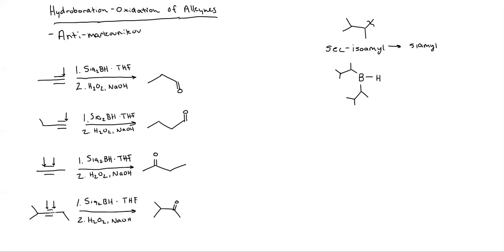And then this is 1, 2, 3, 4. Make sure to count our carbons, make sure we're good. So 1, 2, 3, 4, 5, 6, and 1, 2, 3, 4, 5, 6. So this is one ketone I get.